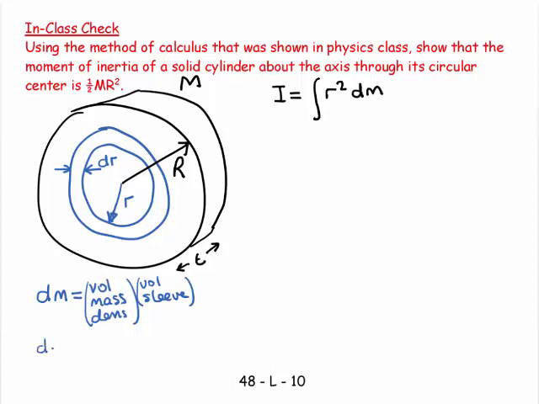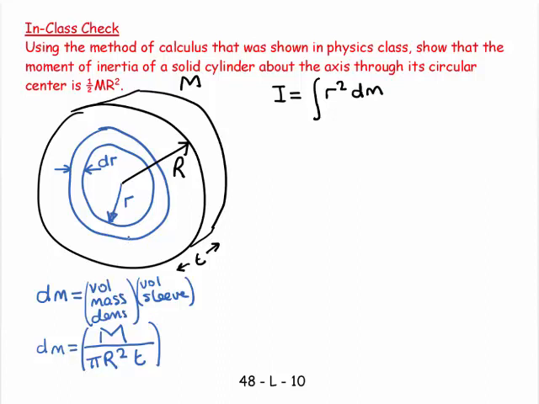times the volume of the sleeve. So my dm, my little bit of mass, is equal to, well, my volume mass density is the total mass divided by the total volume, which is pi R squared, that's the front face, times T, that's the depth. It's that times the volume of the sleeve.